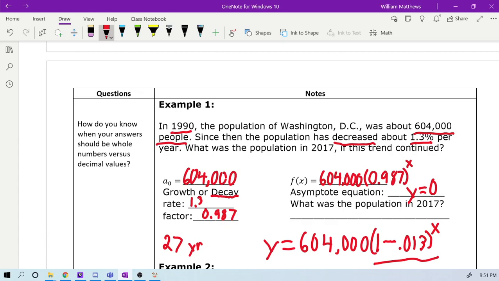Now, this will give us a decimal in our answer, so we must round this. Our population, if we follow this track, would be 424,228 people. Now, we can't have parts of people, and we want to round down in this situation.